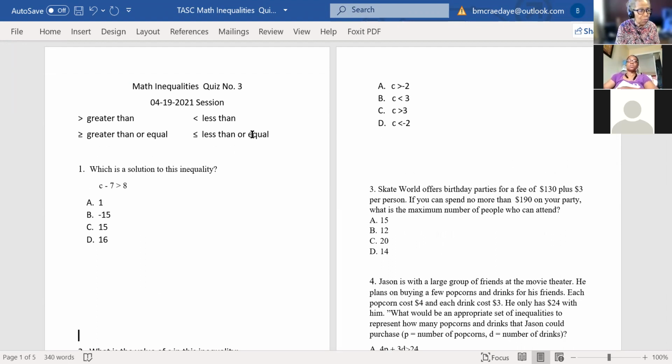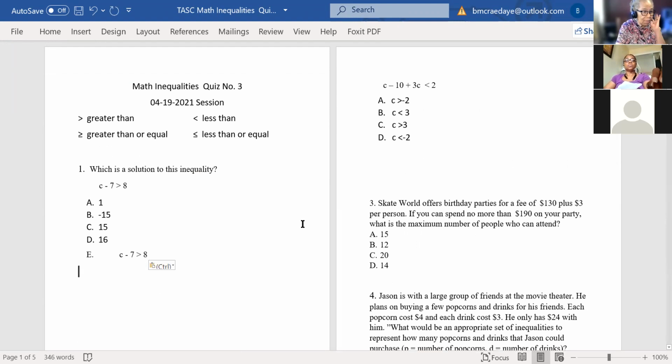Now, Maureen, when you see an expression like this inequality, what operation do you do to solve for it? Add. That's it. Very good, Maureen. You add because it's a subtraction, so you do the opposite. So what do we add, Maureen?